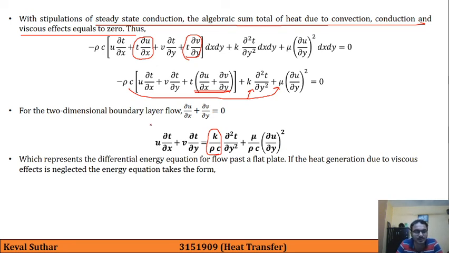Now this formula represents the differential energy equation for flow past a flat plate. If the heat generation due to viscous forces is neglected, the energy equation takes this form. So what are we going to neglect now? We are going to neglect this term, because let us say that heat generation due to viscous effects is not present.